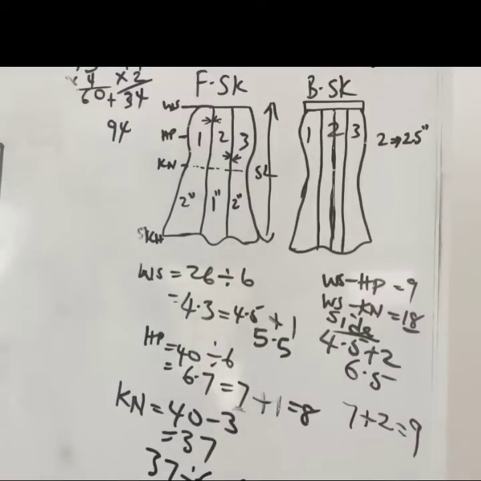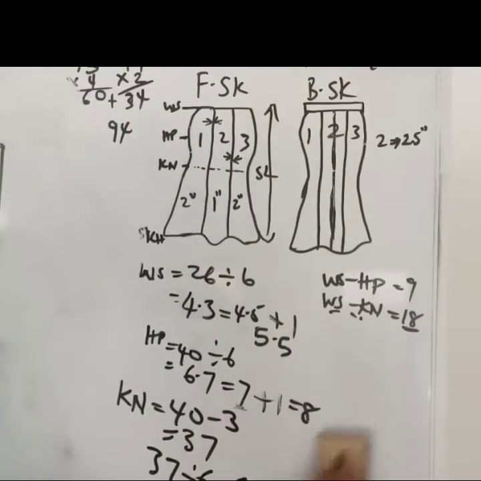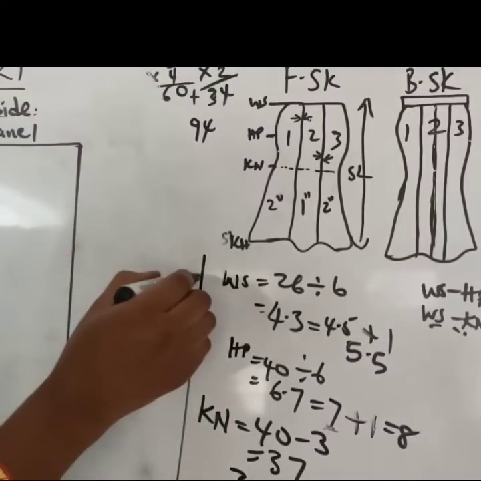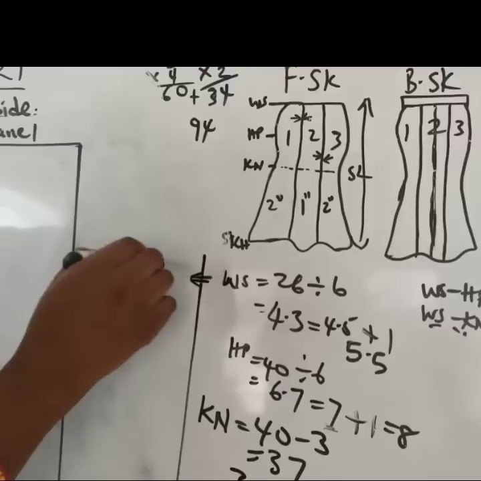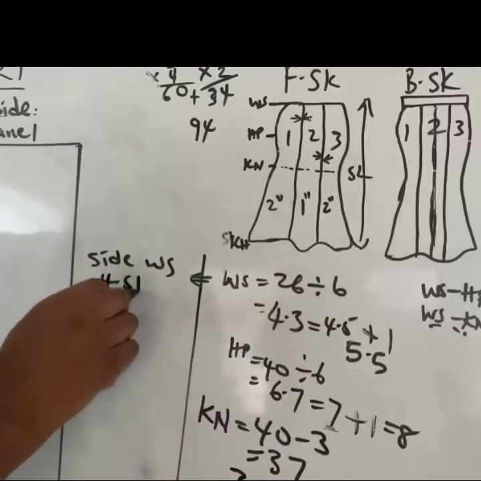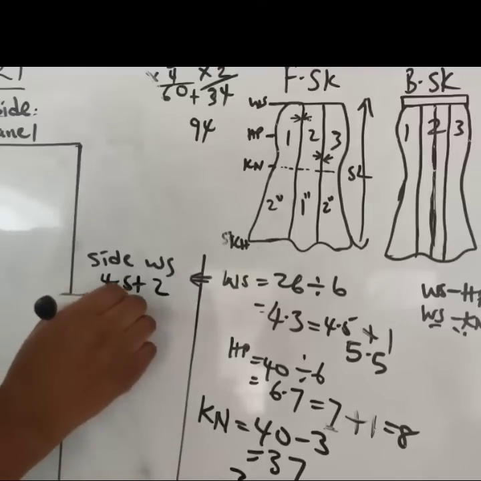So it means that for this side panel, for the side waist, side waist will now be 4.5 plus the 2 inches that we said, which will give us 6.5 inches.